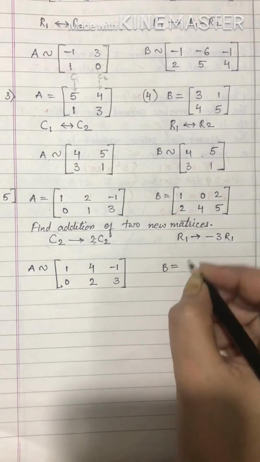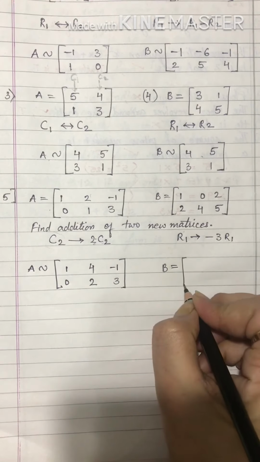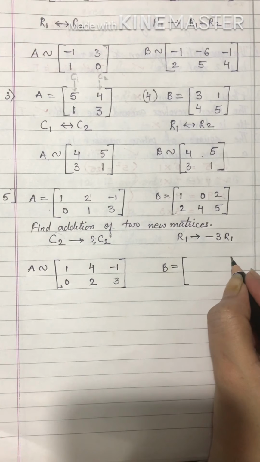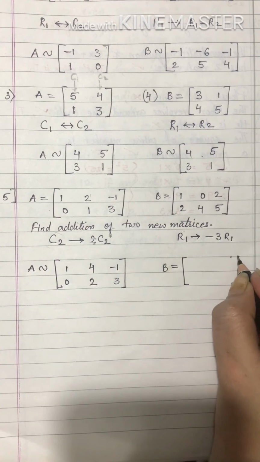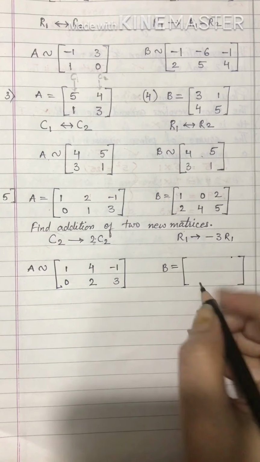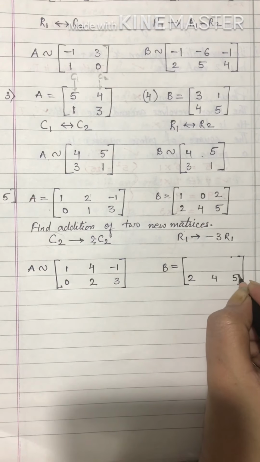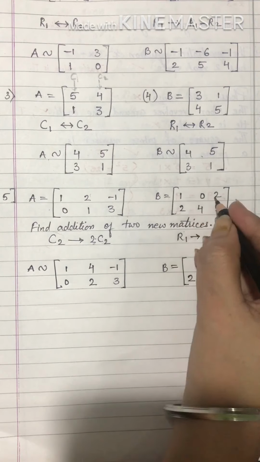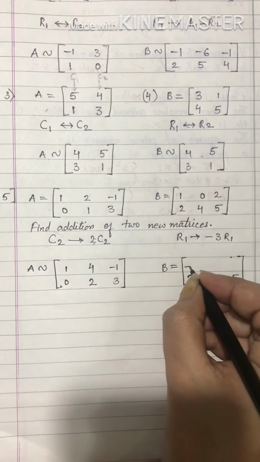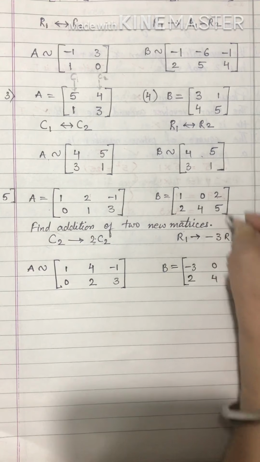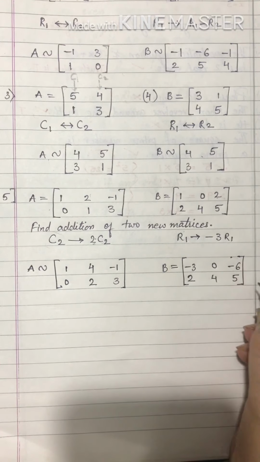Now here performing R1 as R1 is equal to minus 3 R1. So what I do is write the R2 elements as it is, and then multiply this by minus 3, so we will get minus 3, 0. 2 into minus 3 is minus 6.